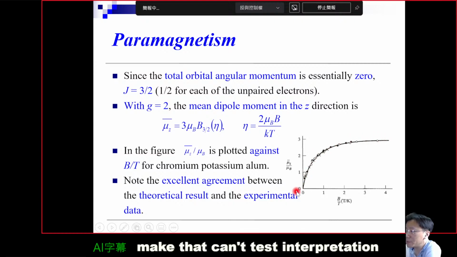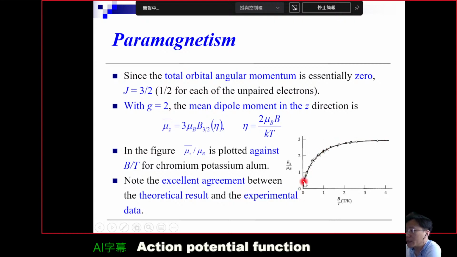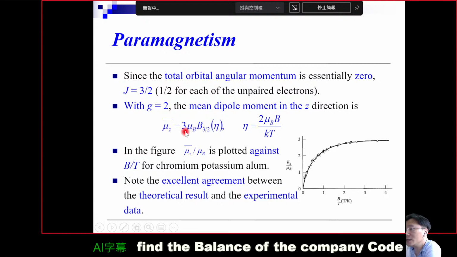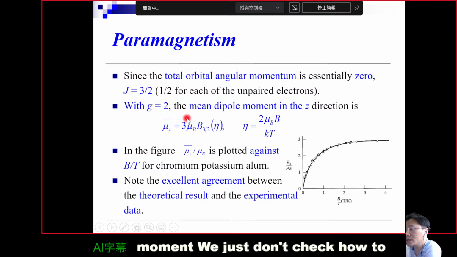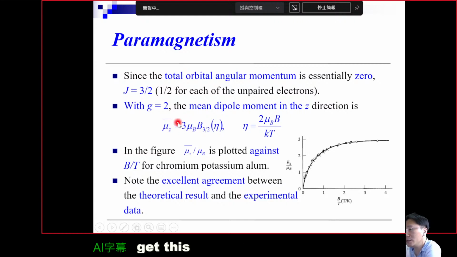If you do the magnetization experiment, you will find the saturated magnetic moment, and from this saturated magnetic moment you will find the actual valence of the compound, because the valence correlates to the magnetic moment, as we just demonstrated by getting this value 3 from the electron configuration.